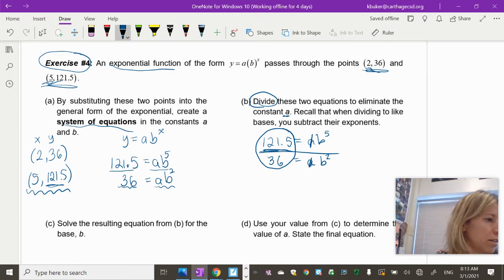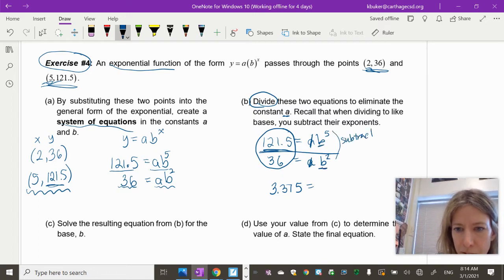So let's see, I did this earlier, and when I divide 121.5 divided by 36, I get 3.375. And remember, when I have the same base, I'm going to subtract these exponents. And this gives me b to the third.